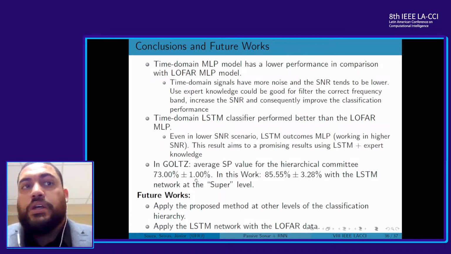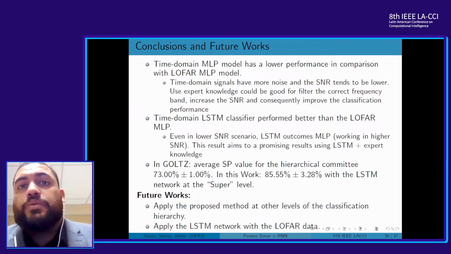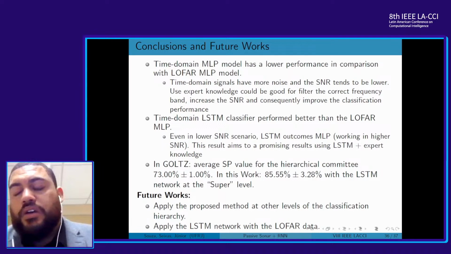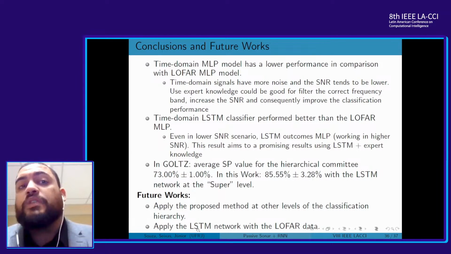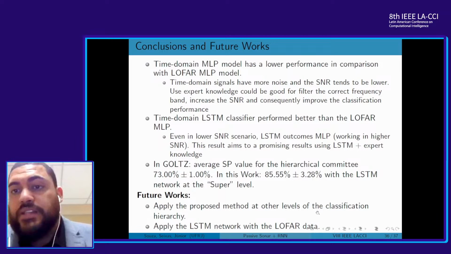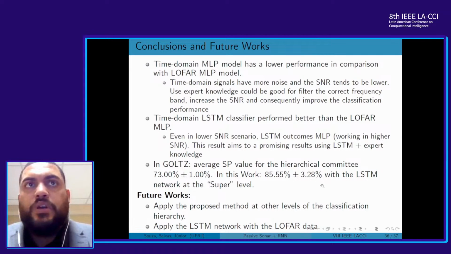That's very good. We also have plans to apply these proposed methods to other levels of the hierarchical classification process, and we are also trying to implement this LSTM network in LOFAR analysis data, which would be better than MLP and better than LSTM in the time analysis. So thank you for your attention.